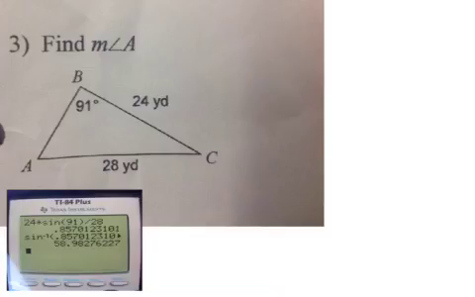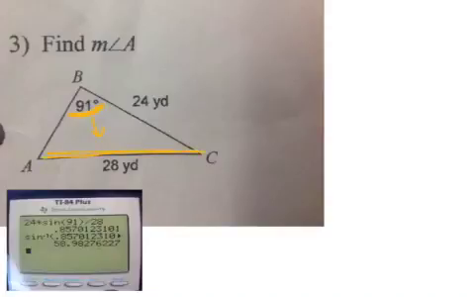Okay, so I thought a good idea is why don't you pause the video again and try this problem on your own. Okay, so now that you hopefully tried it on your own, let's see how you did. Does everybody agree I have this angle 91 degrees, follow the gold, and across from it, opposite of it, is this side 28.